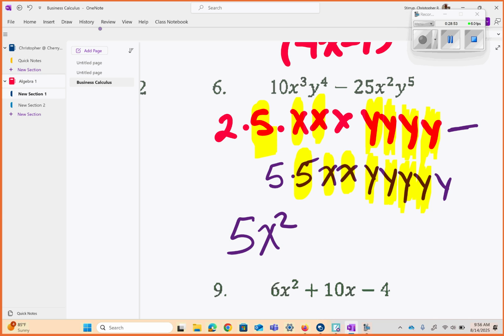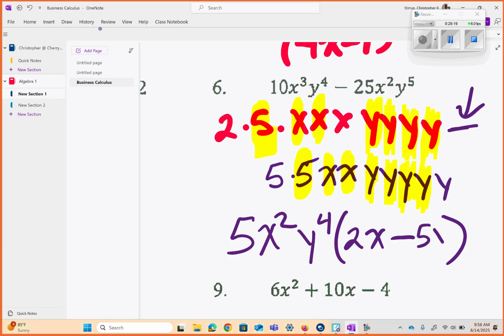So y multiplied together is y to the 4th. Now I'm going to do parentheses. In the red, what do I have left that was not highlighted? 2x. I had a minus sign that we have to remember. What did I not highlight in the purple? And 5y. Now it's factored.